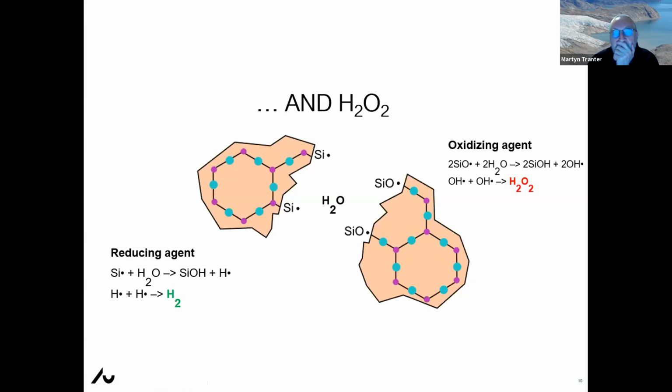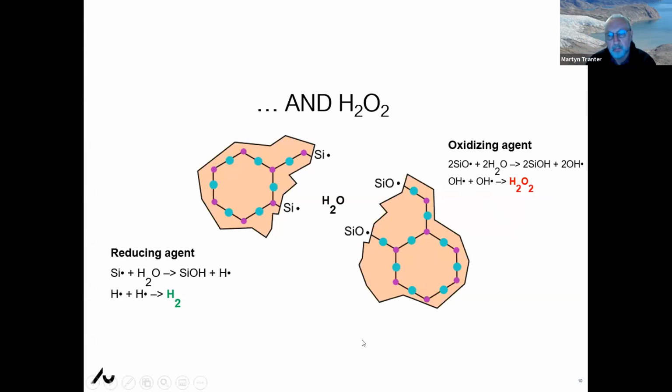Even more crazily, the Si surface free radicals can grab an H from water to leave behind hydroxyl radicals, and these are kind of super reactive things in the atmosphere that keep the atmosphere clean of pollutants. You put two of those together and you form hydrogen peroxide, stuff that you could bleach your hair with, and that's right at the top of my Eh-pH diagram.